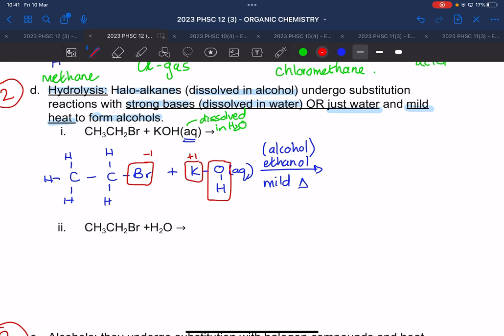It's one of those polyatomic ions that you have to go study. So what do you think will swap? Will the bromine swap with the potassium or with the hydroxide?